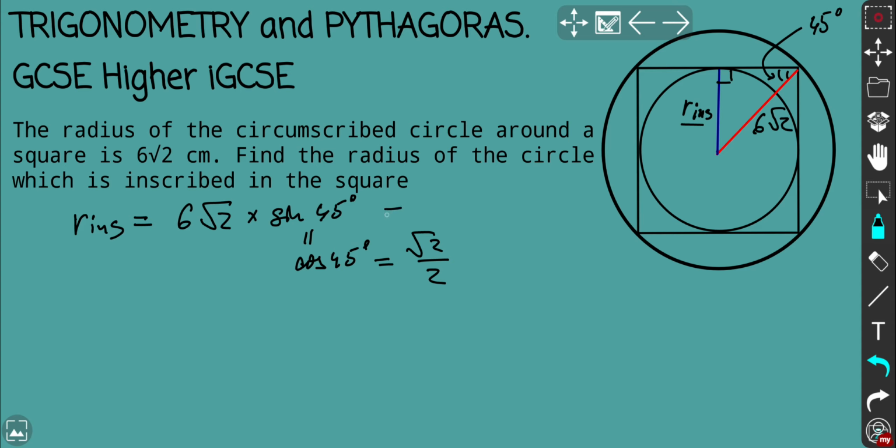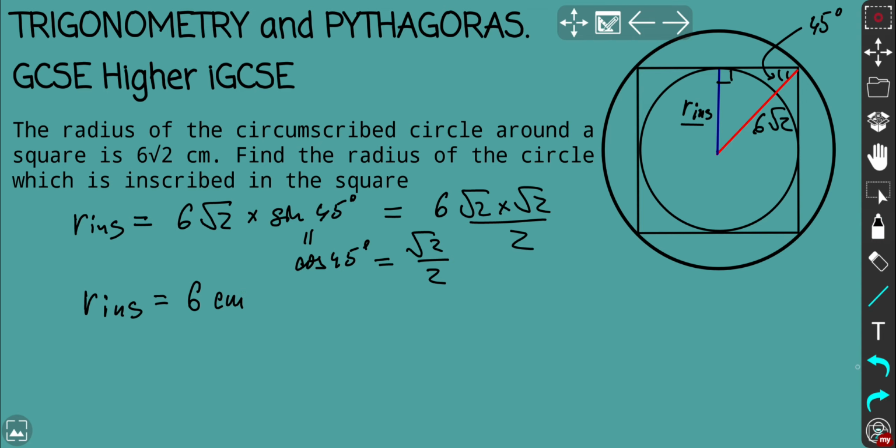If we plug in, we get almost the same as before. Now square root of 2 times square root of 2 will give us 2, and 2 will be cancelled with 2, leaving us with the radius of the inscribed circle to be just 6 centimeters. Alright, so pretty elegant solution.